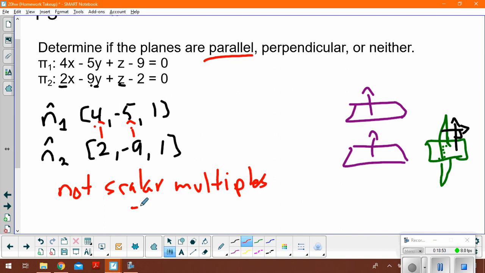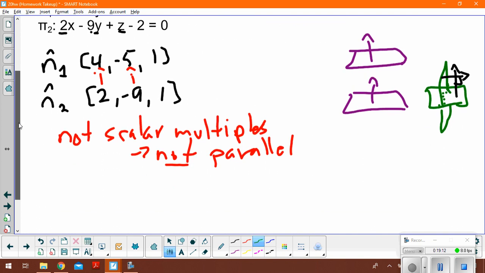So they are not parallel. Now, perpendicular. How do I check if two things are perpendicular? Well, we go to our old friend, the dot product, and see what happens.